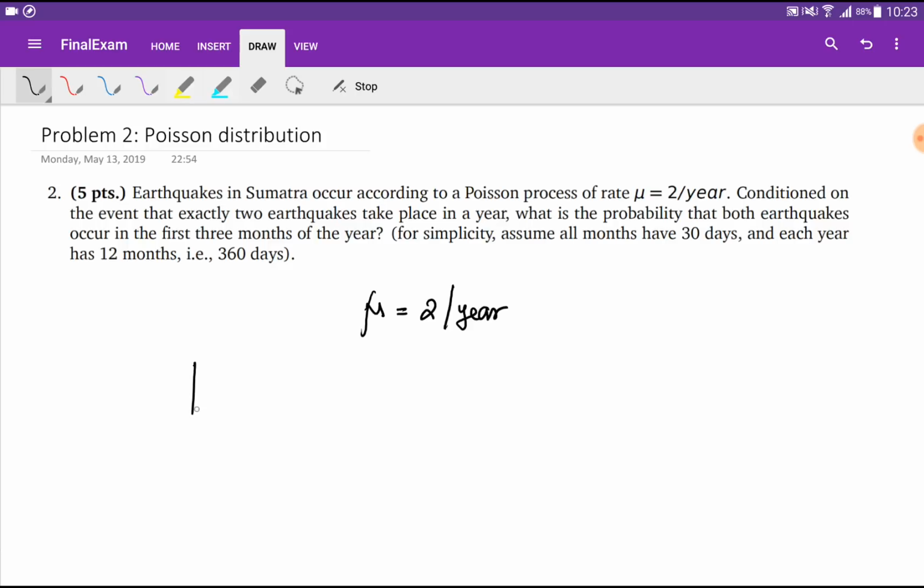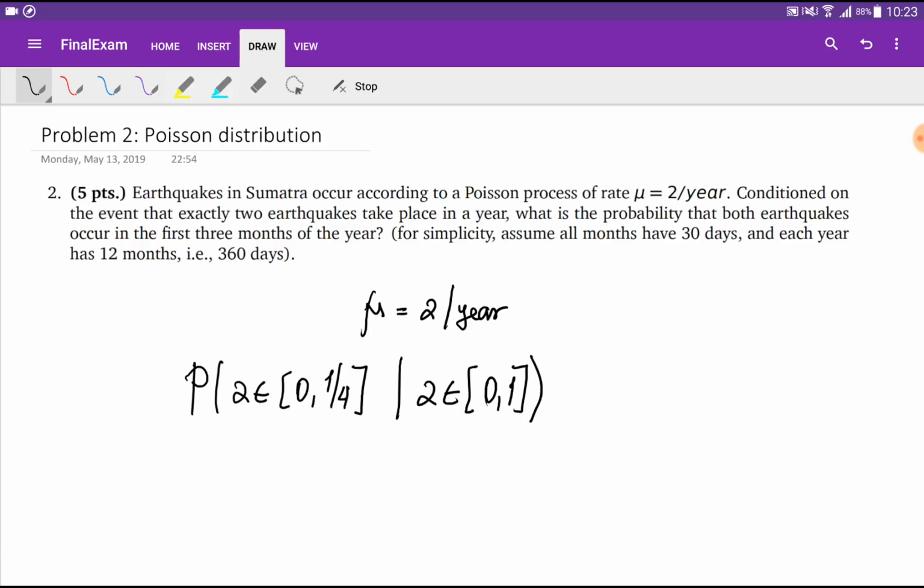So basically, we need to find the probability that 2 earthquakes happened. What is the probability that 2 earthquakes will happen in the first 3 months, which is equal to the first quarter of the year, right, given that 2 earthquakes happen in this year? In order to evaluate this probability, we're going to again use the Bayes theorem in a slightly different form.